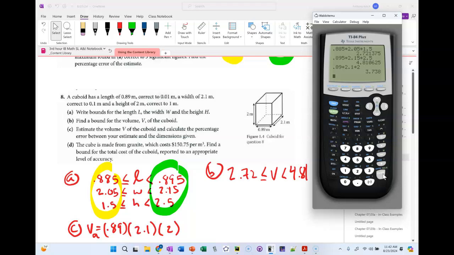And it says, calculate the percent error between your estimate and the dimensions given. Wait a minute. I just used the dimensions given. Estimate the volume. Again, you see the issue with some of these questions, they're just bad. Like, who edited this? What does this even mean?